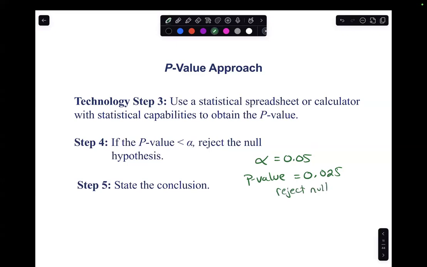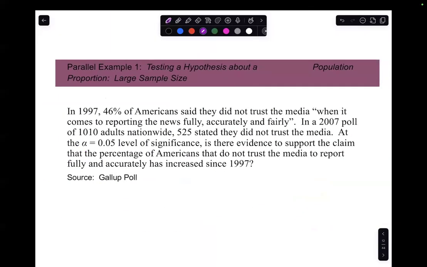Now, if my p-value was 0.08, I would fail to reject because that is bigger than the 0.05. So you just compare that p-value to your alpha and you reject or fail to reject. Questions? All right.